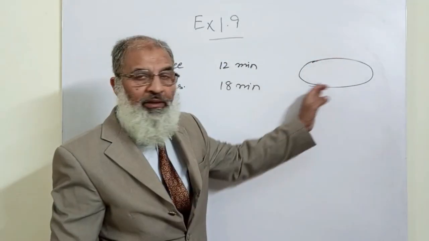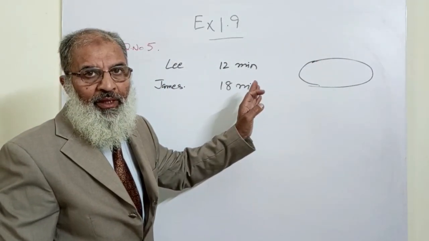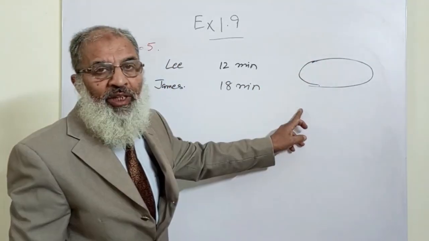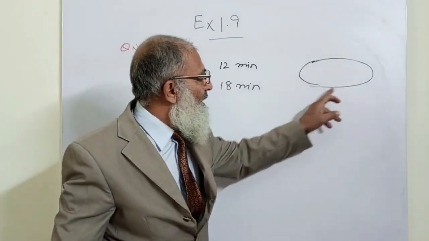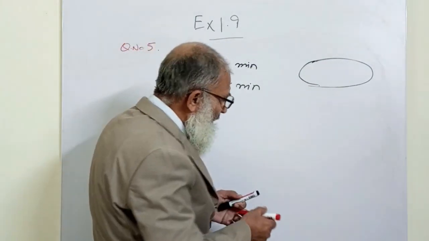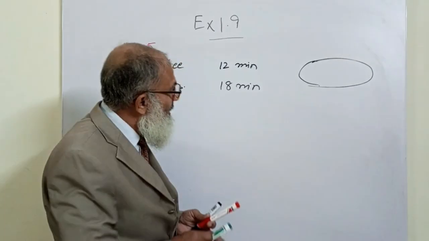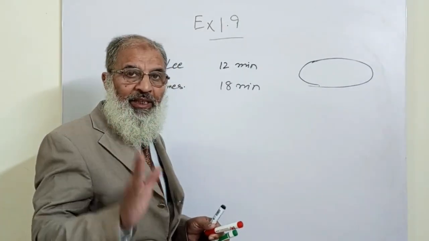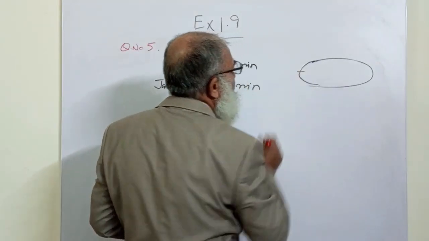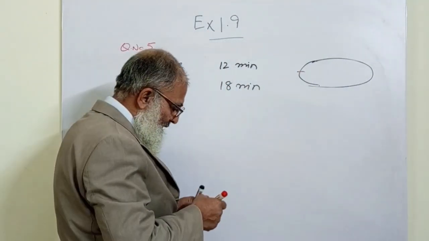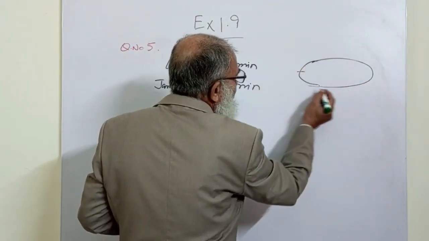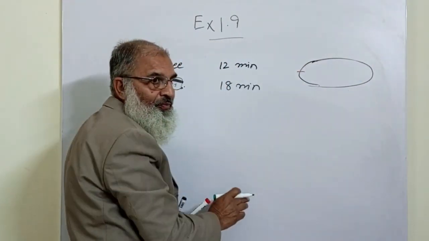They are both running down this track. One of them is covering it in 12 minutes and the other in 18 minutes. They have started at the same time and from the same place. This is the starting line, suppose, and Mr. Lee has covered it in 12 minutes.